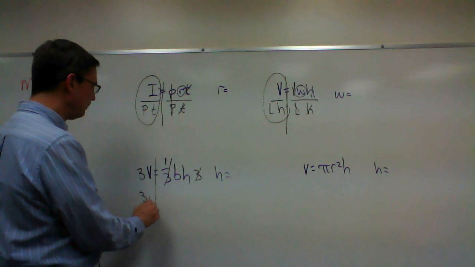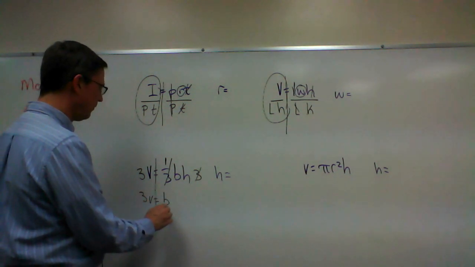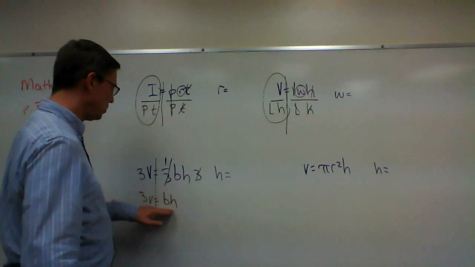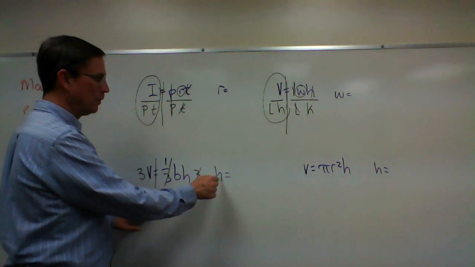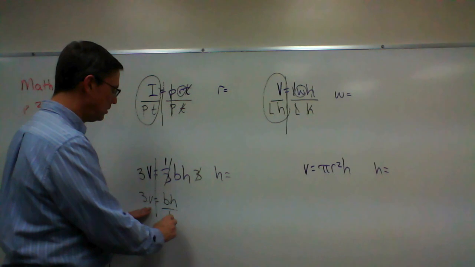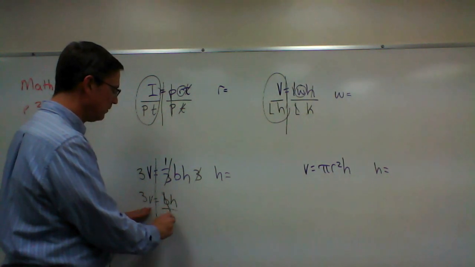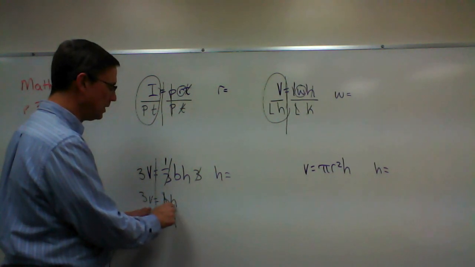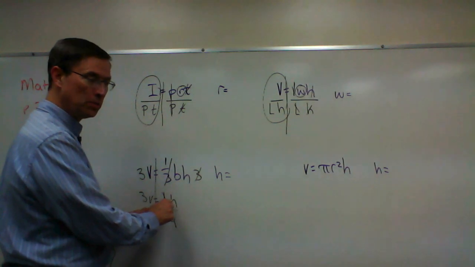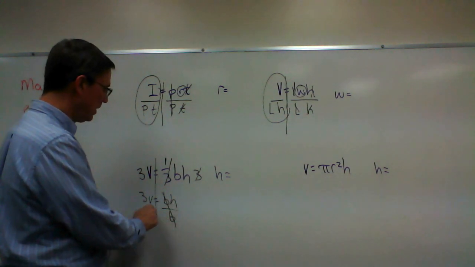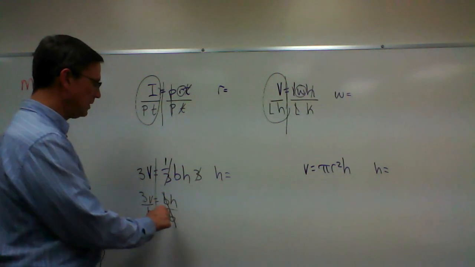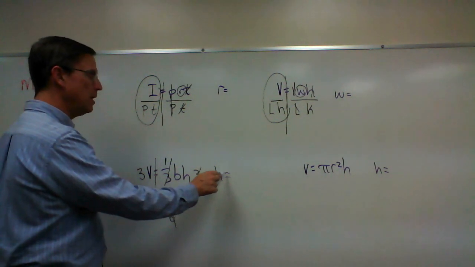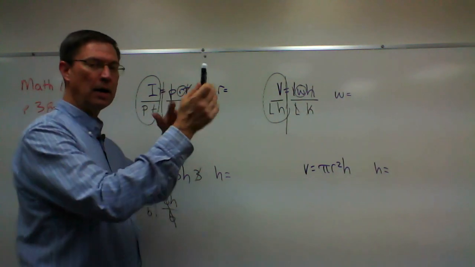So I'm going to simplify it this way and say I have BH equals 3V. And then the last step, if I'm solving for H, is I need to get rid of the B, so I divide, because this means B times H. So we undo multiplication with division, and we do the same thing on the other side. And now I have isolated H. H equals, ta-da, there we go.